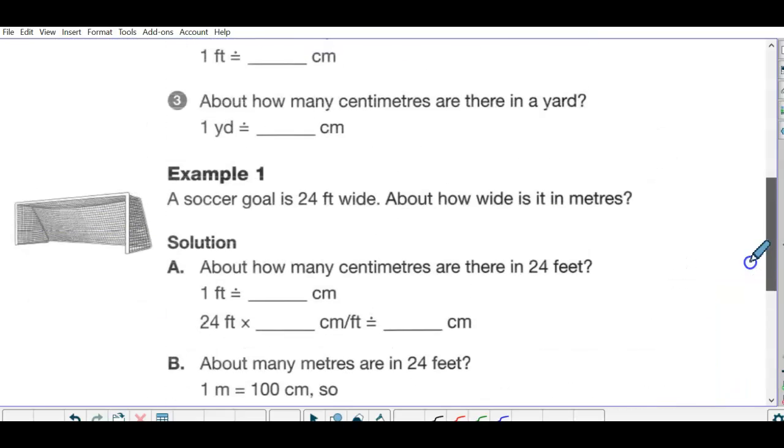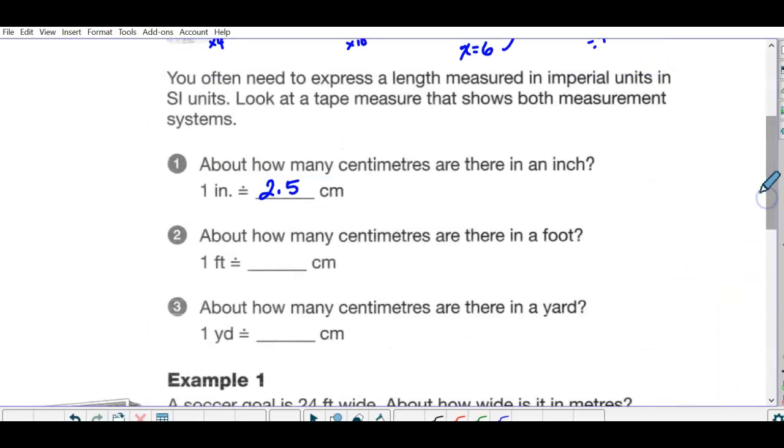And if you have a full-length ruler, if it's got both imperial and metric on it, you will see there'll be 30 centimeters and 12 inches. And the 12 inches will be slightly longer than the 30 centimeters. About how many centimeters are there in a yard?